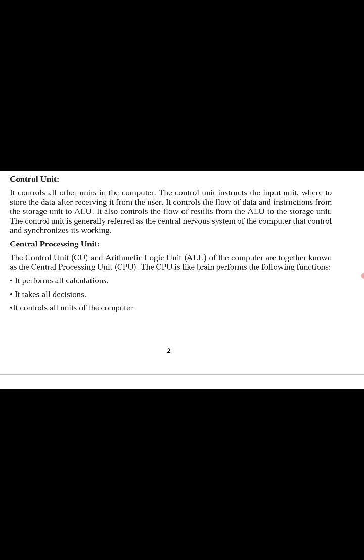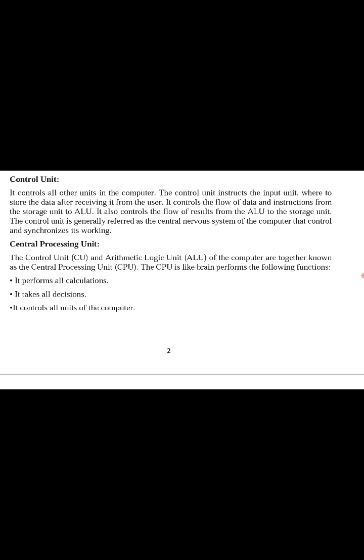It instructs and guides the input unit on where to receive data from and where to store it in the memory. And after processing the data or information, it sends it to the appropriate output devices.